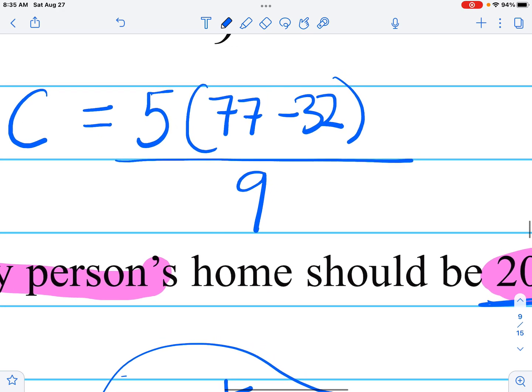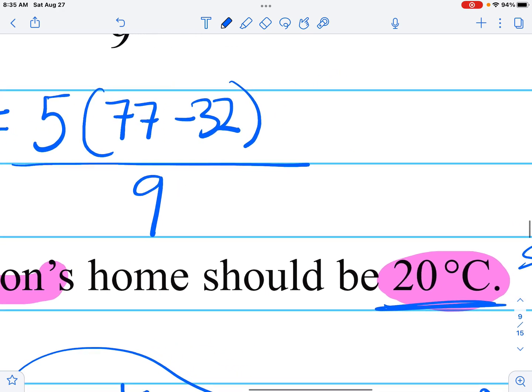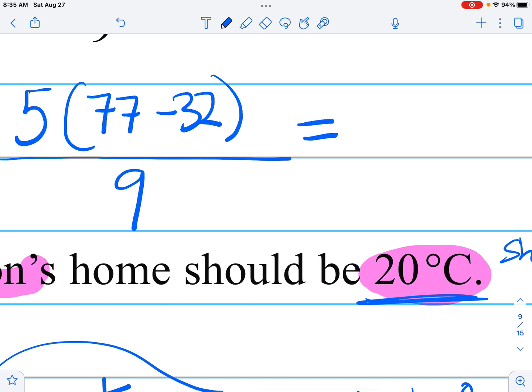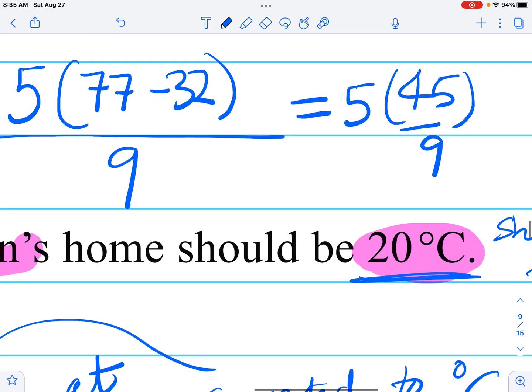Alright, so if I do this, what do I get? 77 take away 32. What is that? 45, over 9. I mustn't forget my 5 there. Now, you see, 45, I can do this, right?